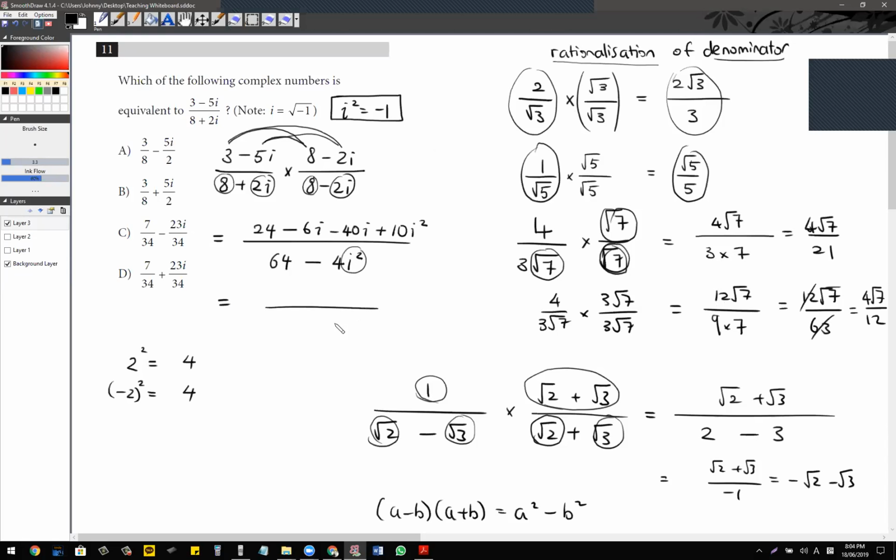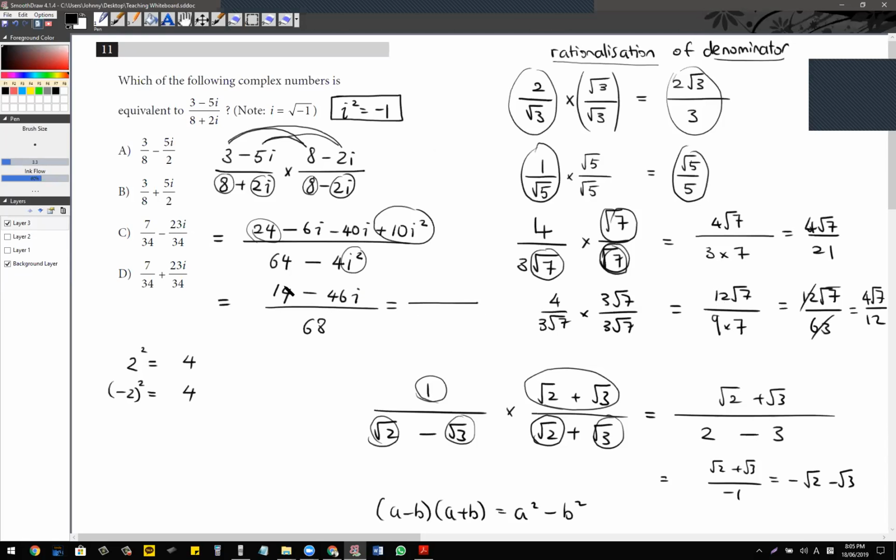So this is 68 here, because 64 plus 4. Understand? Yeah. Okay. And this is equal to negative 10. So 24 plus that is 14. And this one is minus 46i.